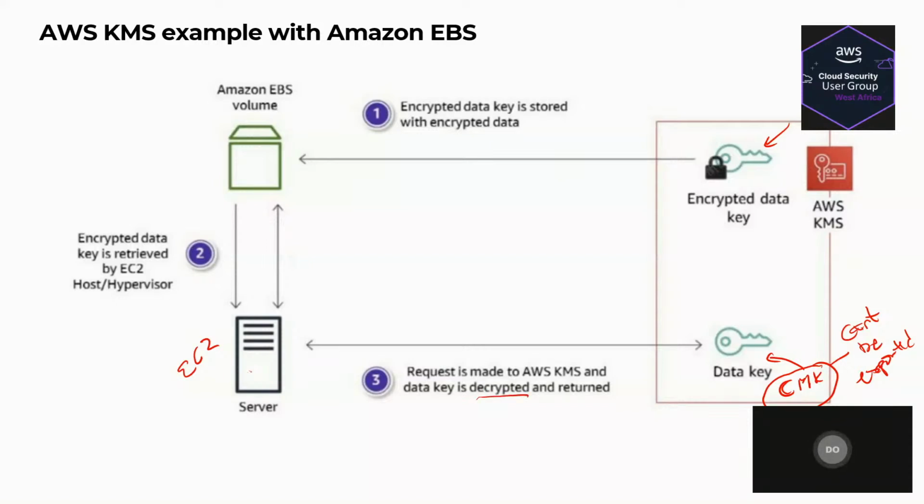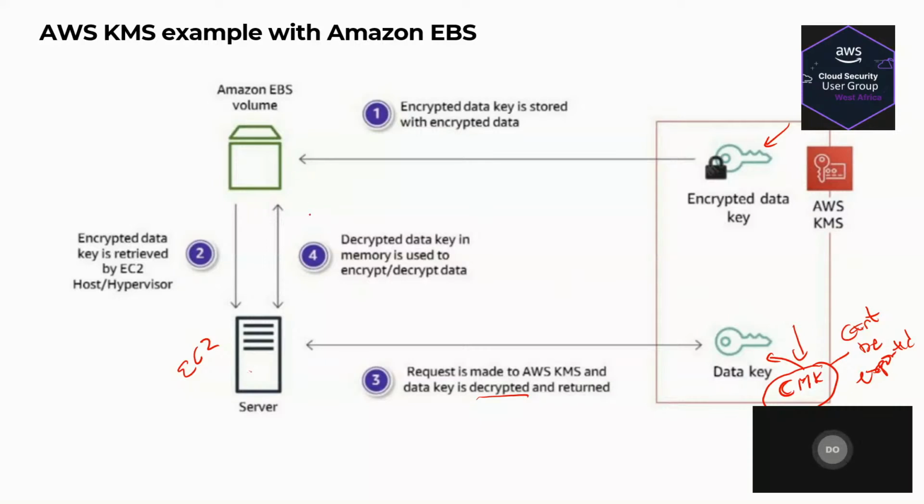KMS is going to decrypt the key using the CMK, and then it's going to return the decrypted key back to the EC2 instance, which can then use the decrypted key to decrypt that EBS volume. So that's how the process works.